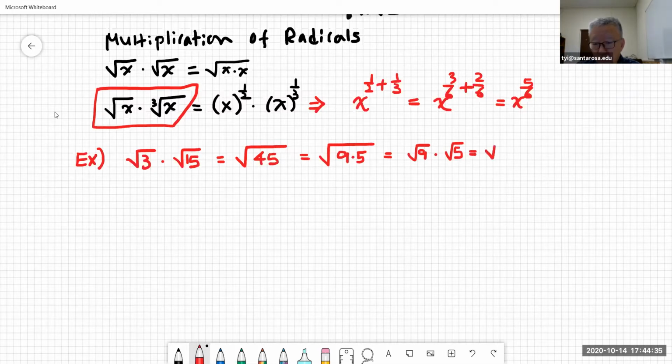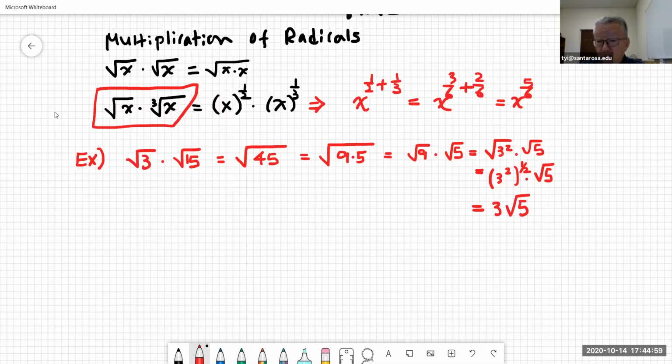So you have the square root of 3 squared times the square root of 5. This is the same as 3 squared to the 1/2 times the square root of 5. So that's 2 times 1/2, which is 1. So you get 3 square root of 5. That should be the answer, not the square root of 45.